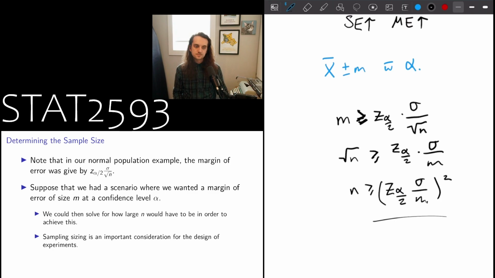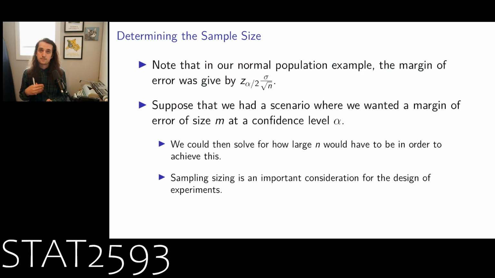And so this becomes a useful technique when we're trying to design experiments, right? You can set what you want your margin of error to be, you can set what you want your confidence level to be, and then you can say our sample has to be at least this large. So it's going to come up again and again, and of course this example was specific to the normal population, but we're going to be able to do a similar thing with other populations as well.